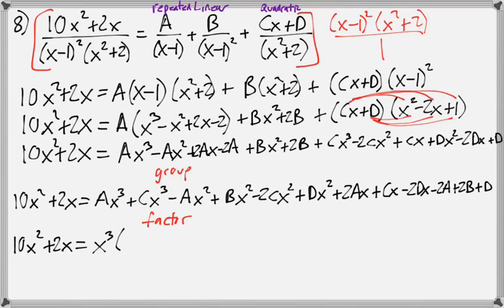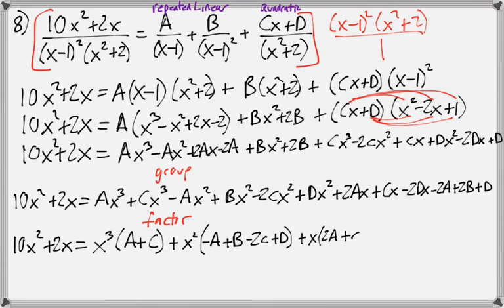So it'll be x cubed times a plus c plus x squared times negative a plus b minus 2c plus d plus x times 2a plus c minus 2d plus, I'll put the rest of them in parentheses, and then we can equate our coefficients.